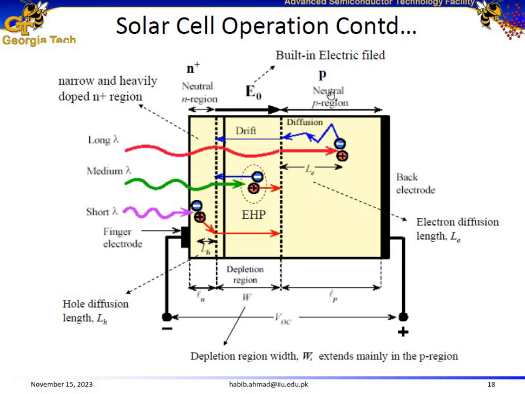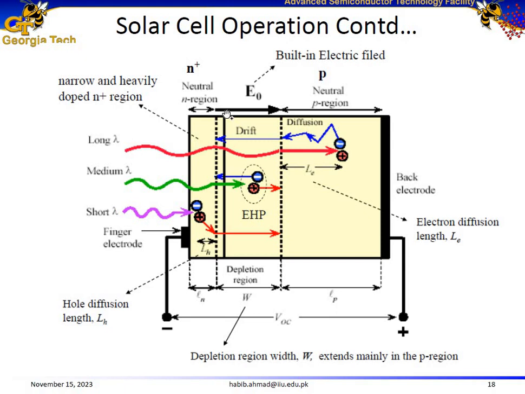We also know that whenever we have a p-n junction under thermal equilibrium, we also have a depletion width associated with the p-n junction. So in this case, we are going to have a depletion width at the metallurgical junction.